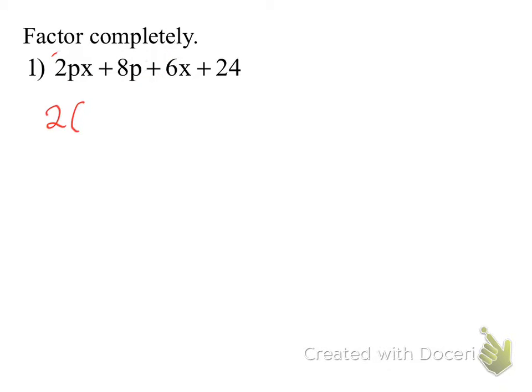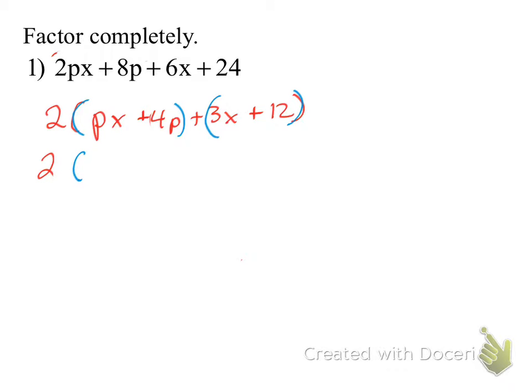So I'm left with px plus 4p plus 3x plus 12. Okay, now what am I factoring out next? I'm going to group, how about if I group these and group these? Keep going. P. What do I do next, Chris? P times the quantity of x plus 4.